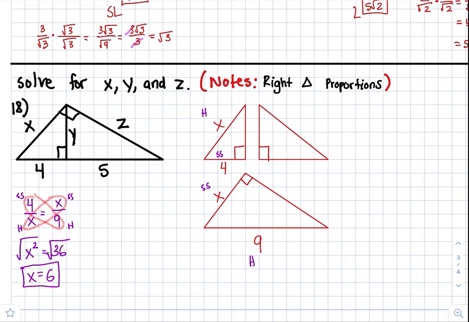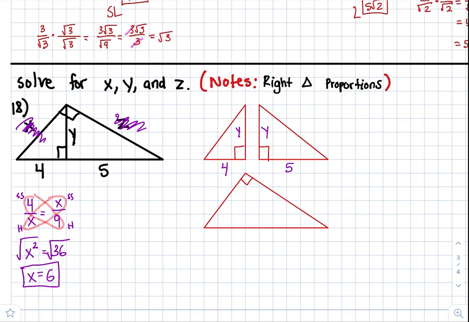Now, I'm going to cover up x and z so that I can target this next one, which is y. Okay, so where is all this information with respect to these triangles? Well, y is right here, y is also right there, this length is 4 and this length is 5.